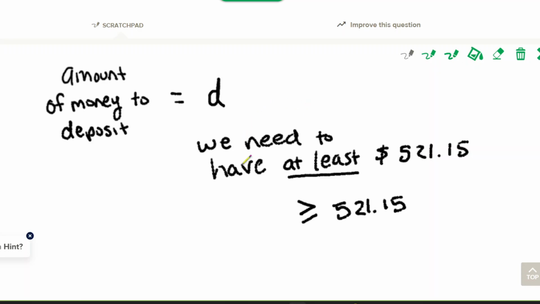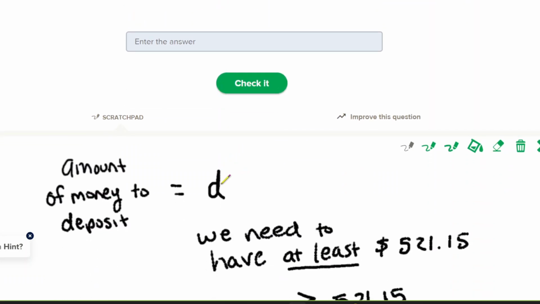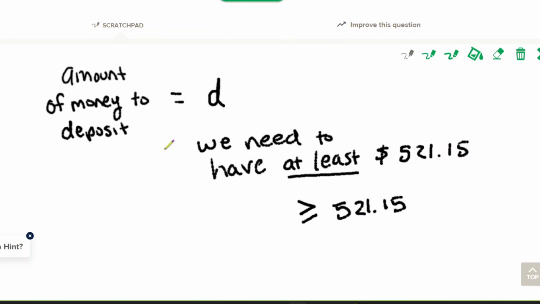And what do I have in the account? On the left side of my inequality here, what do I have in the account? Well, we have the initial $439.27, and then we're going to add more to it. We're going to deposit D dollars.